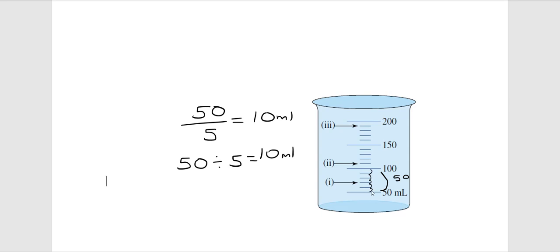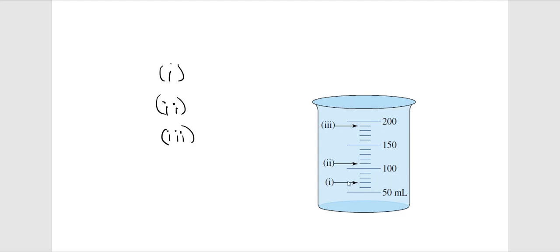And let's see if it adds to 50. So 10, 20, 30, 40, 50. We got it. Perfect. So now that we know that, we can easily work out the value of each of these points. So for the first one, I'm at 50 mils, so I'm going up by tens. So 50, 60, 70. So the first one was 70 mils.